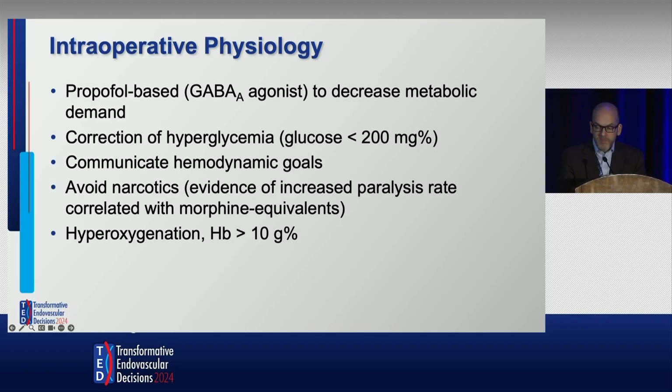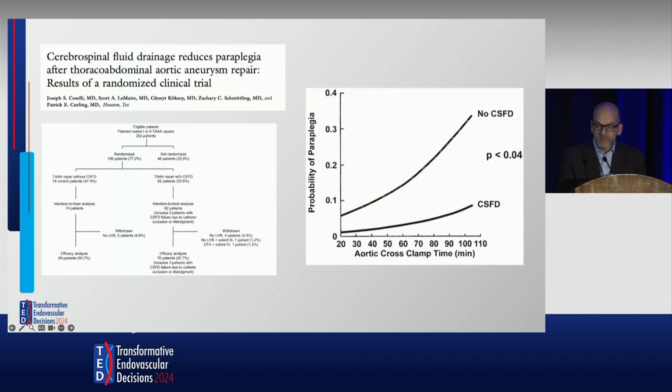Hyperoxygenation of the patient, maintaining high SATs and a hemoglobin above 10 at all times during the case. Dr. Caselli already presented this in his slide at the beginning of the session, but the randomized trial in the open operations did demonstrate an advantage to drainage versus not drainage.